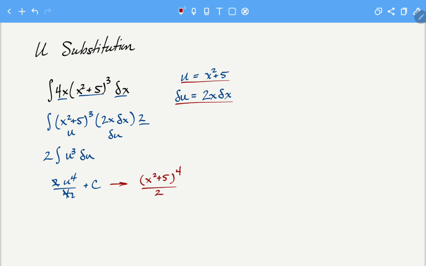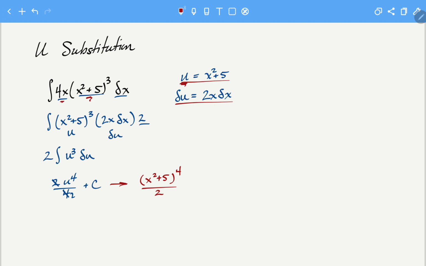So in summary, this is how you do it. We made a complex thing really easy. The goal of using u and du is to choose a u, like we chose here, that is in the equation, and then have du also show up somewhere in the equation in some form.